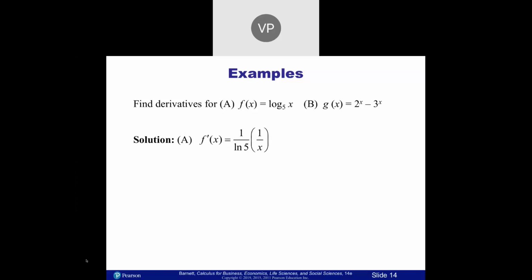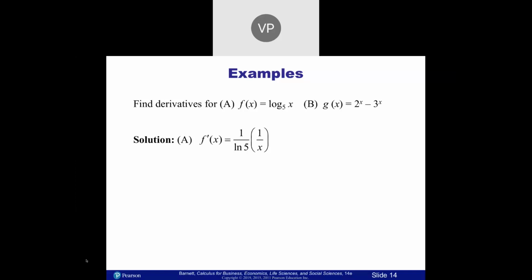Like I said, if this was log base e of x, that's natural log of x, and the derivative of that is just 1 over x. But if you have any other base, in this case a base 5, the answer is still going to be the reciprocal of x, 1 over x, except you also have the 1 over natural log of whatever this number is right here.